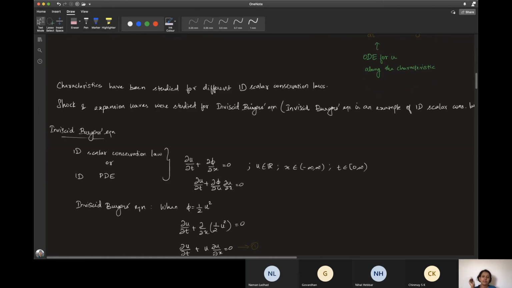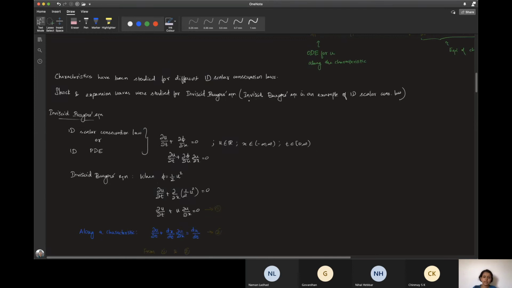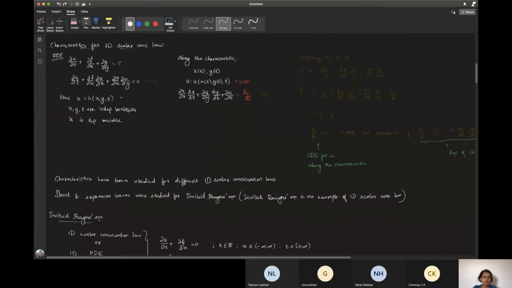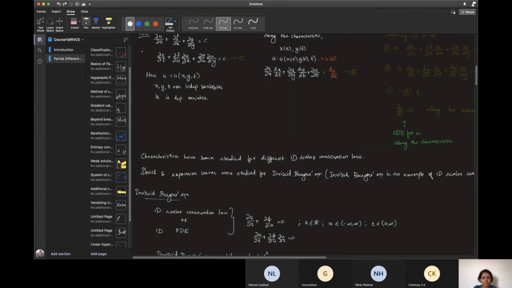So yes, we have studied characteristics for different types of 1D scalar conservation laws. We have seen the advection equation, the nonlinear advection equation, and many different types of equations, right?